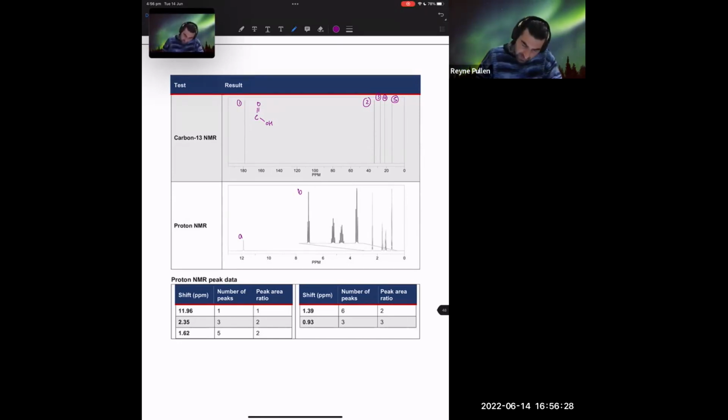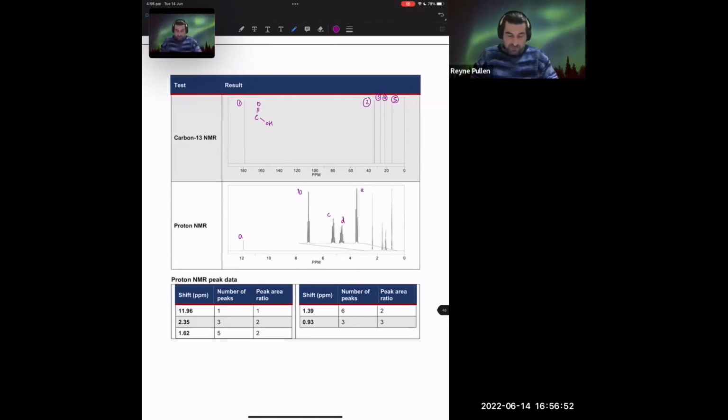We then have a quintet at C, then a sextet, 6 peaks, at D, and then a triplet at E.